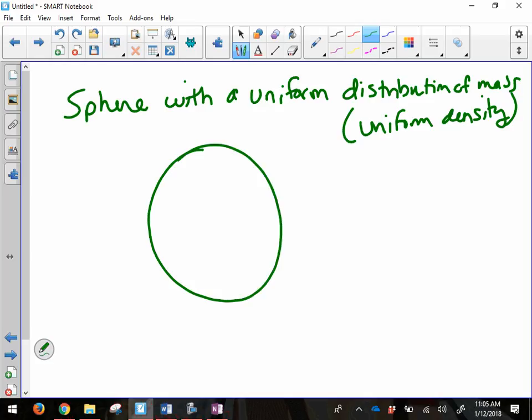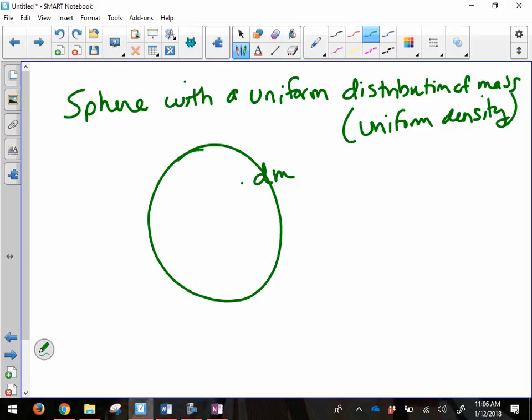So here's going to be my sphere. And my sphere is made up of infinitesimally small pieces that all contribute to what the center of mass is. So I'm going to have some tiny little point here that's going to have some mass dm.